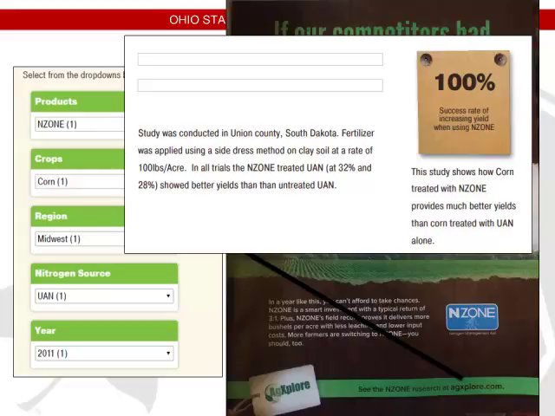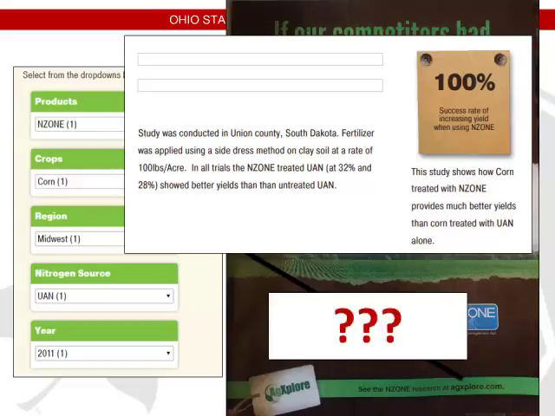So how many of you guys feel like your farm is pretty similar to somebody's farm in South Dakota? Oh, good, zero hands. See, that's kind of how I feel too. So do you guys think this is a good science-based advertisement, or do you think it's mostly sales? I think it's hard to tell. You had to dig down and get more information. Maybe all the data isn't on their website.